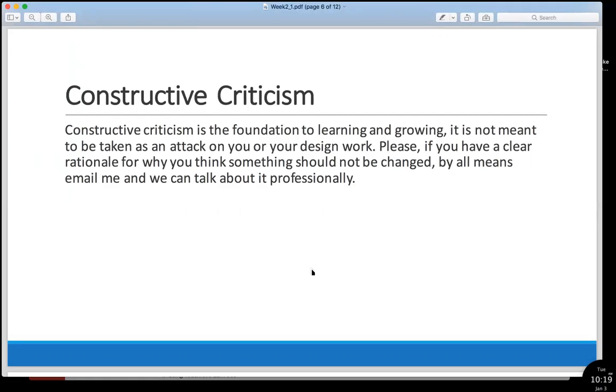It's just part of doing this job as graphic design, and try your hardest to separate your personal feelings from the work that you do, as far as the sensitivity to them, and understand that someone saying, hey, this doesn't look right, has no reflection on you as a person, has no reflection on even your overall skill set. It just shows that in this situation there's something that needs improvement.